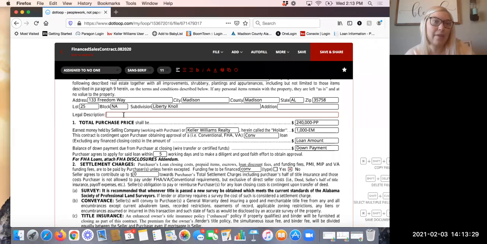And so you want to add those coordinates in the legal description on the contract from tax records if it's meets and bounds. Don't stress about it if it's a subdivision. Okay, lot and block, not a problem.